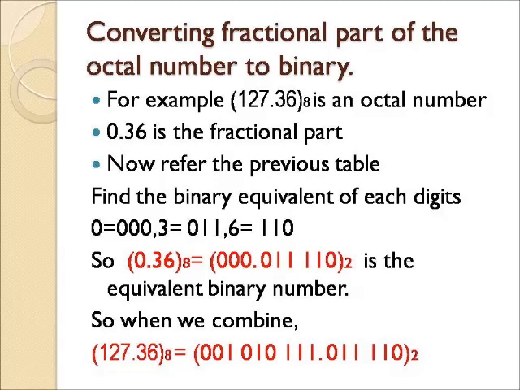So when we combine the results, 127.36 is equal to 001 010 111.011 110. So basically, for the conversion of an octal number to binary, we refer to the table.